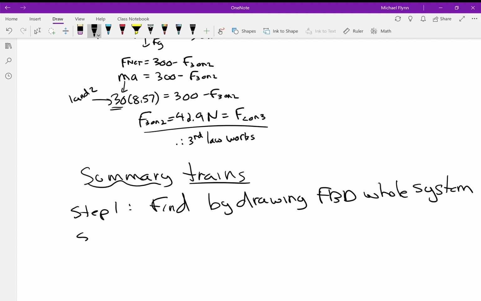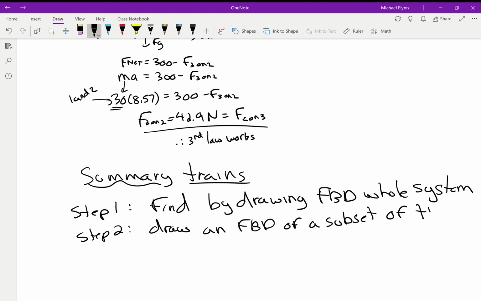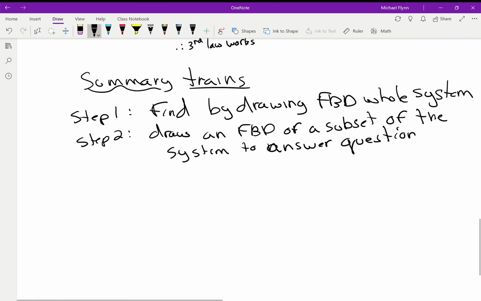And step 2 is you draw an FBD of a subset of the system to answer the question. And these are really interesting kind of engineering problems too.